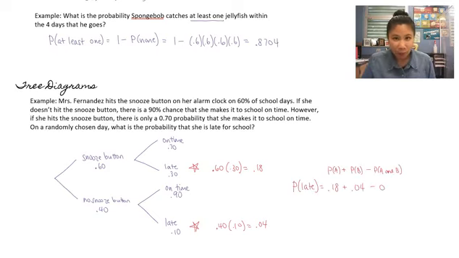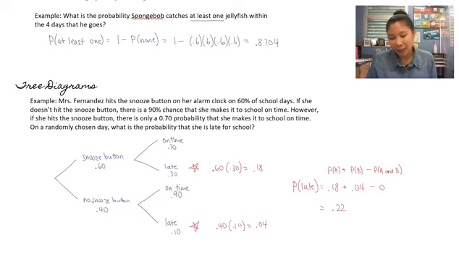Okay, so to find the overall probability of me being late, I can add these two situations together. 0.18 plus 0.04, and if you remember back to our addition rule for mutually exclusive events, we can subtract out the probability of 0 for being late by hitting the snooze button and not hitting the snooze button at the same time, because that will never happen. I can't both hit a snooze button and not hit a snooze button at the same time. That doesn't make sense. So the overall probability of me being late is a 22% chance.